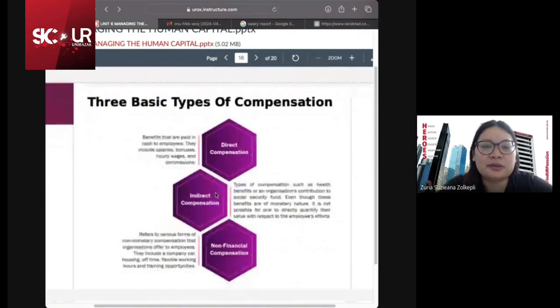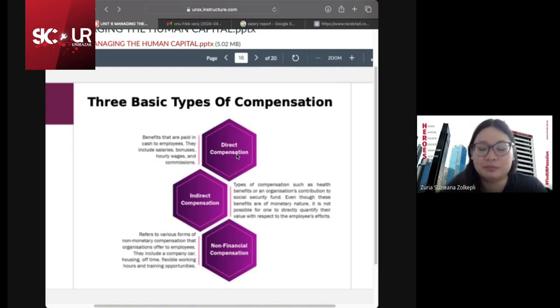So for the three basic compensation, we have direct, we have indirect, and then we have non-financial, or non-monetary. For example, direct compensation is paid in cash. Whatever like salary, bonus, meaning that in terms of monetary, you can see a sum of money.